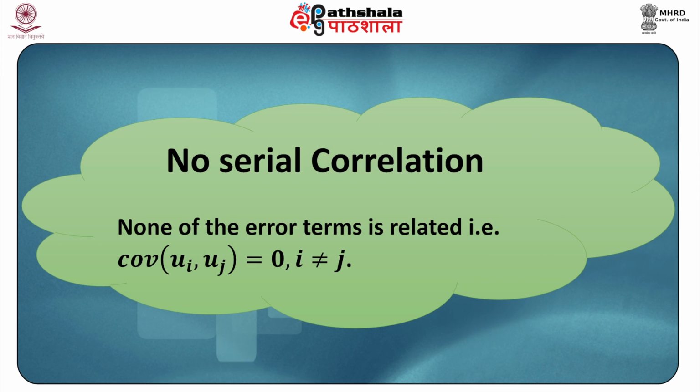We have another important assumption, assumption 6 of no serial correlation. None of the error terms is related, that is, in no serial correlation the covariance between mu i and mu j should be equal to 0 for all i not equal to j.